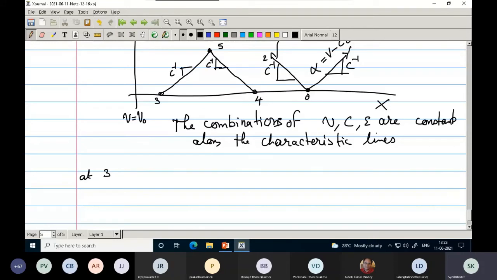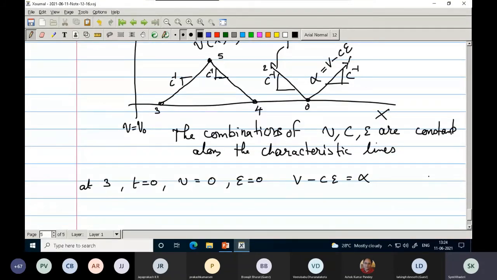At point number 3, that is the time t equal to 0. At this particular time, the velocity is 0 and the rod is initially stress free, which means the strain is also 0. So along this line, I have V minus C epsilon is some constant, alpha. Along 3 phi. So how do I find alpha?